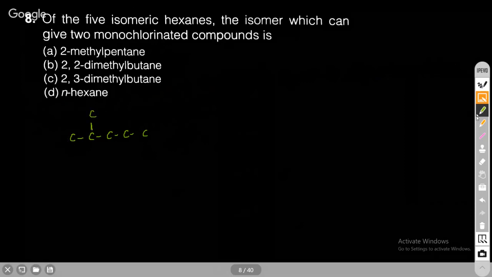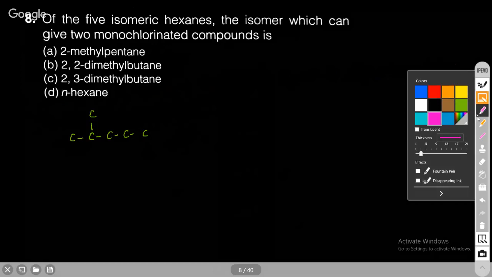So at this position we can have chlorine attached. These two are equivalent positions, right? So 1, then 2, then 3, 4, and 5.